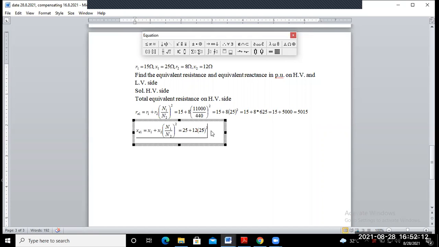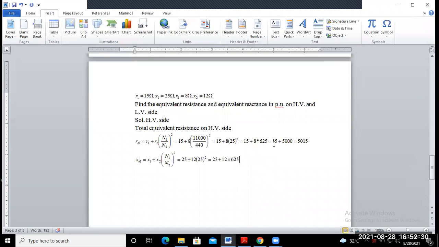So solve this equation and write here 25 plus 12 into 625. Okay. So you already converted to the high voltage side.